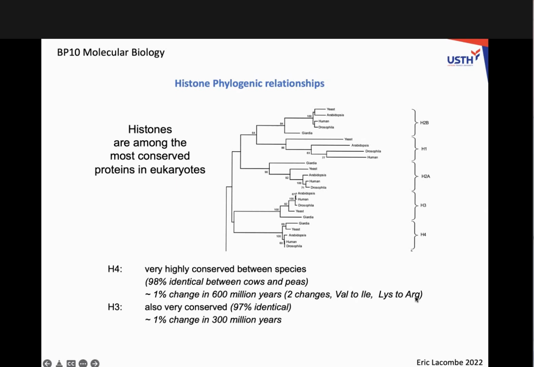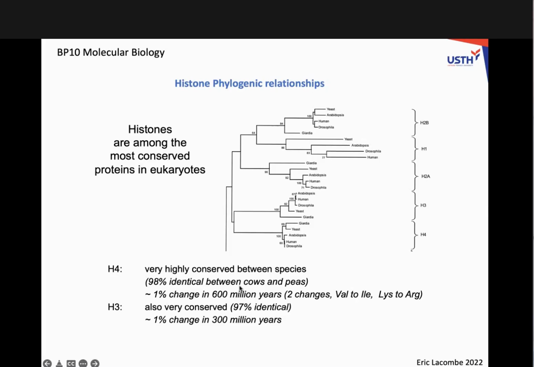And lysine and arginine are basic amino acids, and they carry almost the same function. So it means that the only changes that we can observe over evolution are what we call blind mutations, because they don't change at all the function. So it's extremely, extremely well conserved.